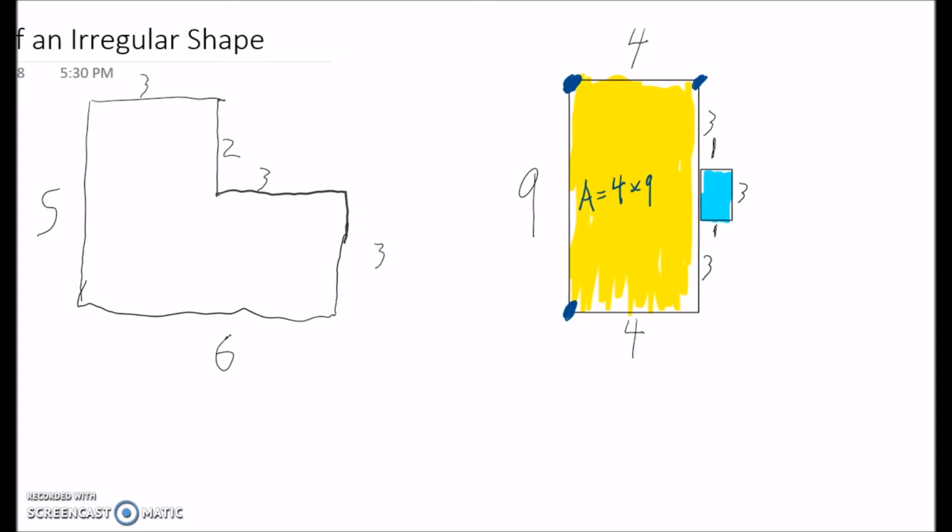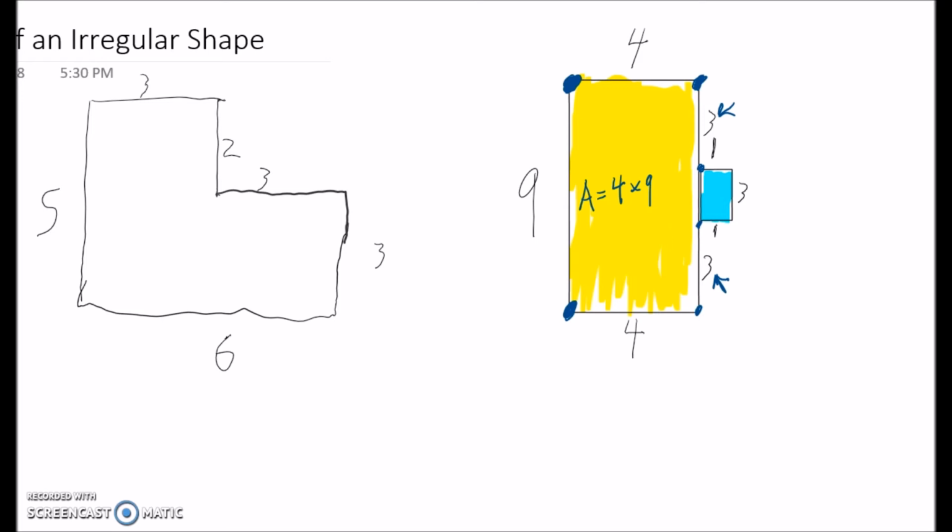Okay, so that's important to notice. Whereas the 3, like this 3 and this 3, only go from bottom right to the middle, and middle to top right. So that's something to notice. That's why we have to use 4 times 9.